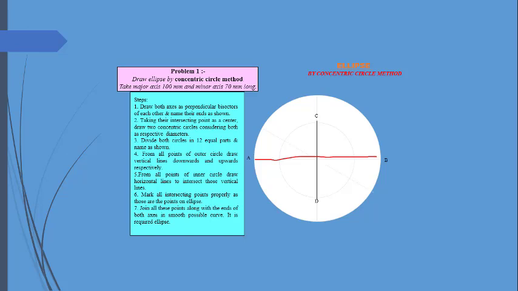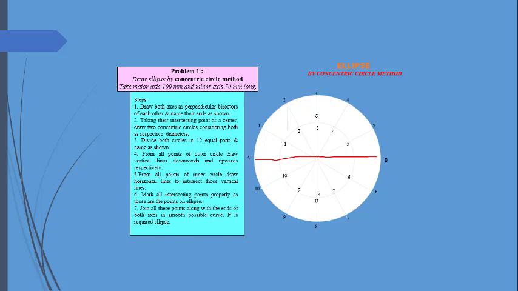And now we will divide both circles into 12 equal parts. That is, here you can see part 1, part 2, second line, third line, fourth line, fifth line, sixth line. Here you can see that both the circles have been divided.